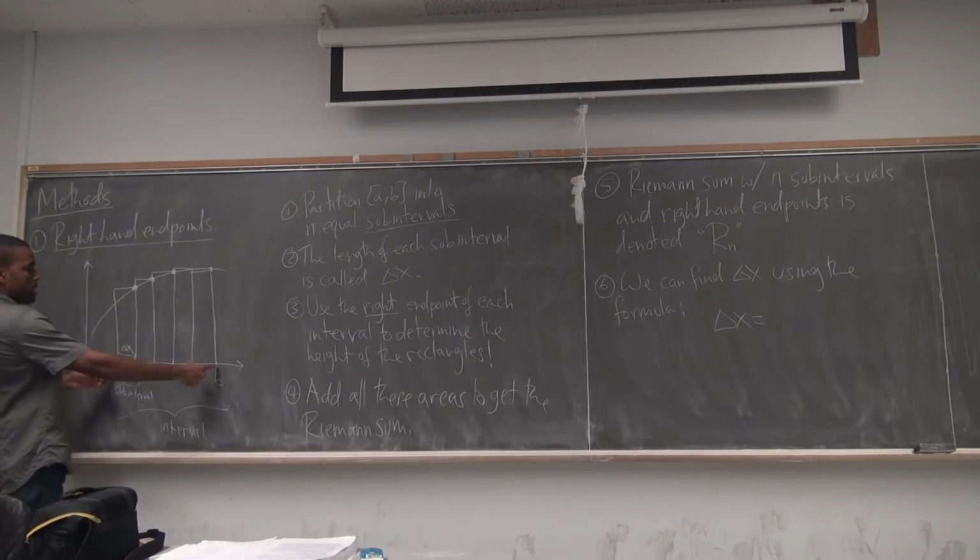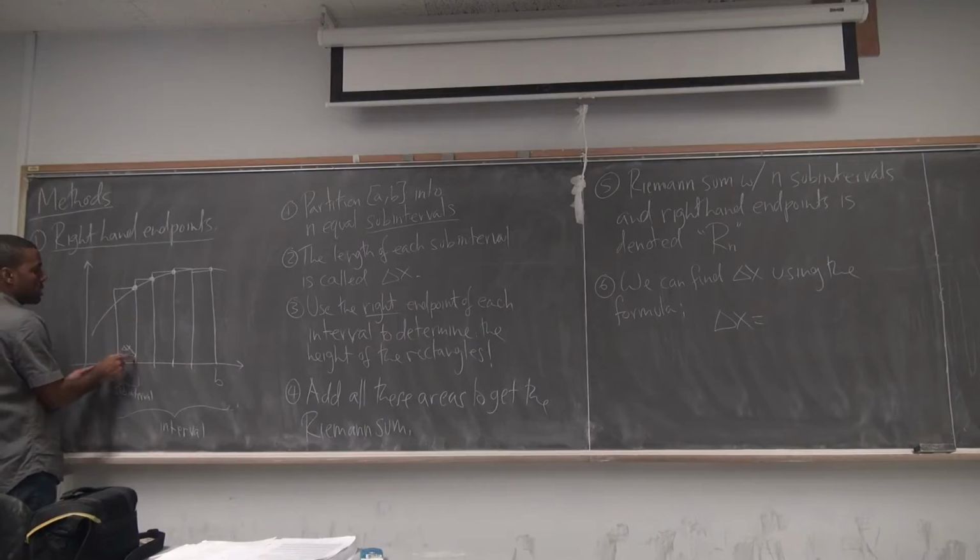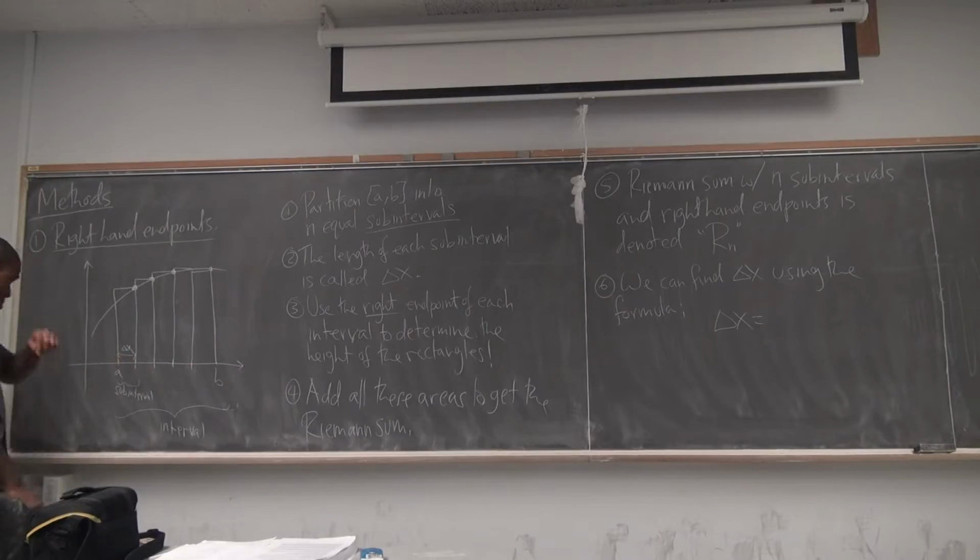So let's say I'm cutting this into n subintervals, and I want to know the length of each subinterval. What do you think the formula would be? Let's say I wanted to cut AB into 4 equal sections.